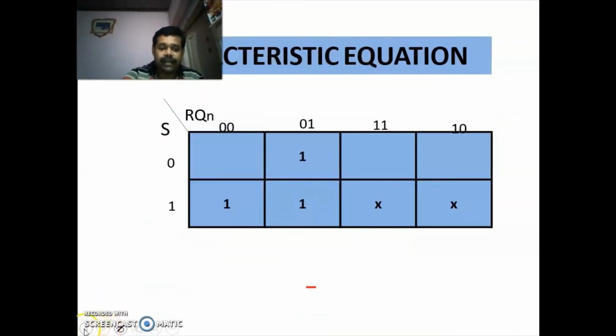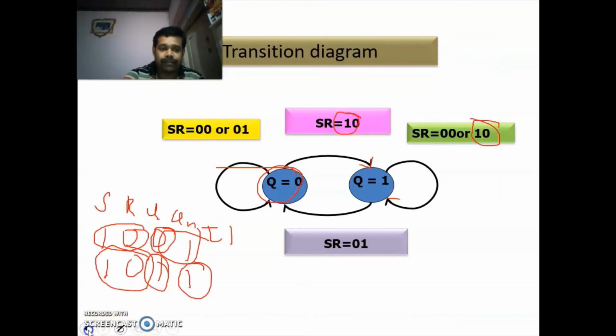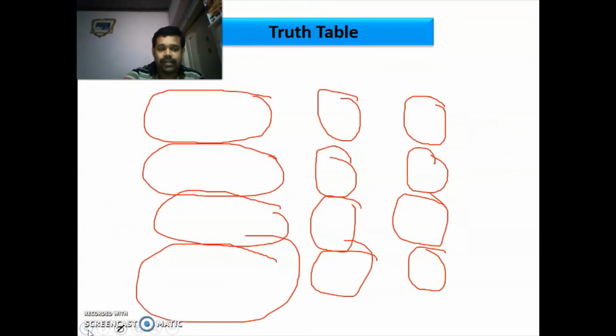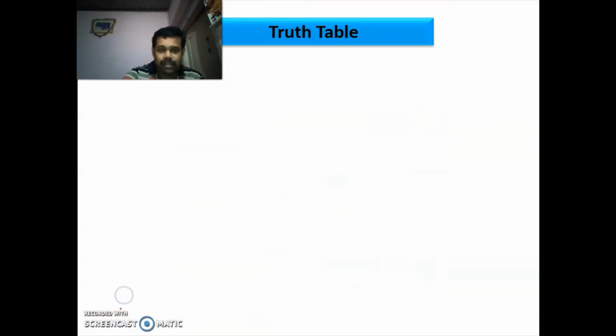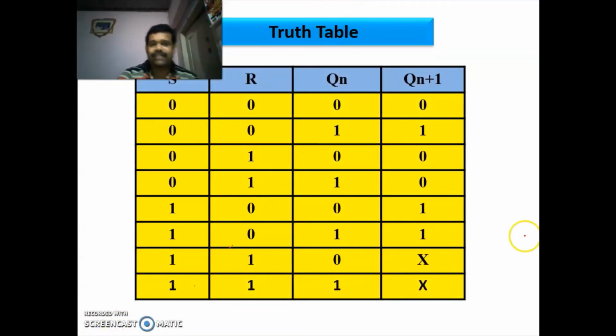Now the characteristic equation. So from these two tables, you consider S, R, and Q of n as the input variables, and you take Q of n plus 1 as the output variable.